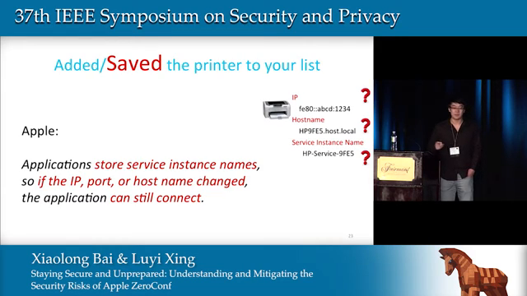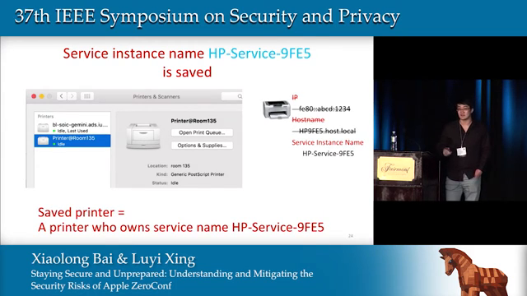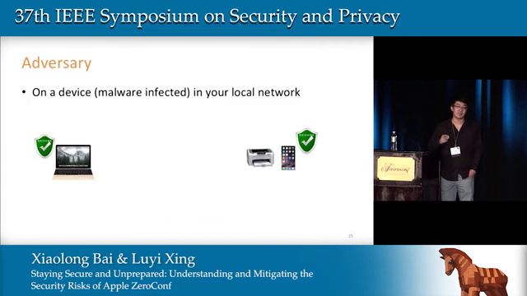So if the IP, port or host name changed, the application can still connect. According to Apple, it is the service instance name that is saved. So in the future, whenever you print to your saved printer, you print to a printer who owns this service name. So remember this equation. I will show you what this means to an attacker later.